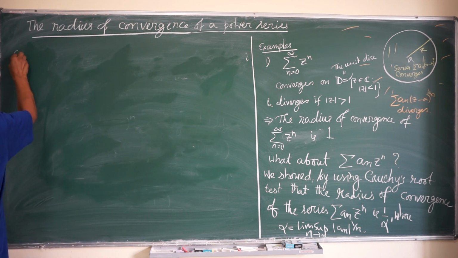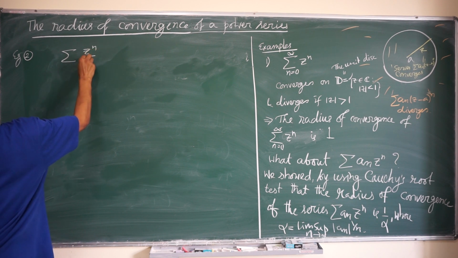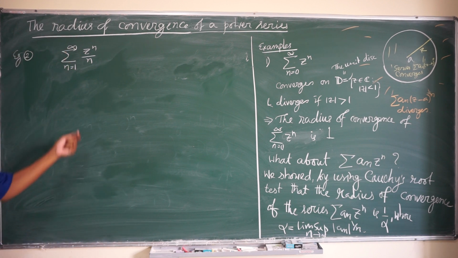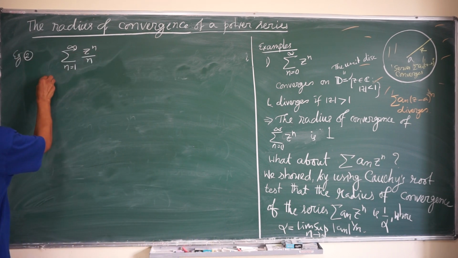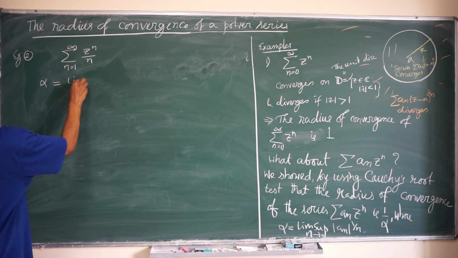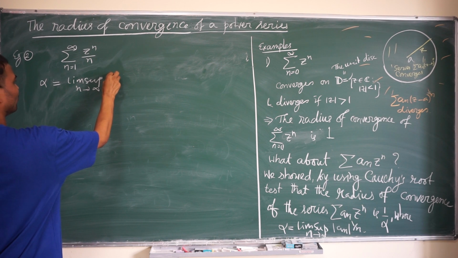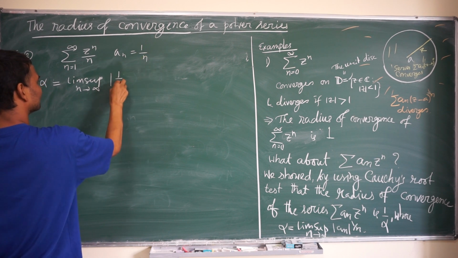So let's look at example 2. Look at the series summation z to the power n by n from 1 to infinity. Alright, so what will be the radius of convergence? We'll use this one. So let us look at what is alpha, which is lim sup as n tends to infinity of mod a_n to the 1 over n. So a_n here is 1 over n.